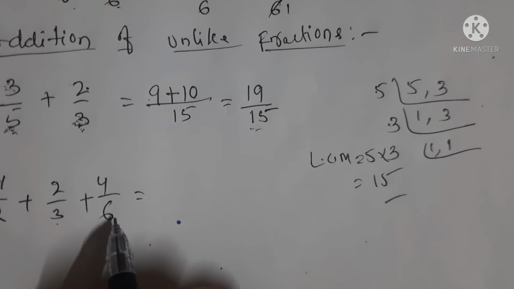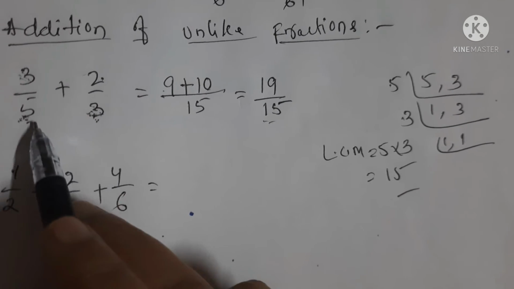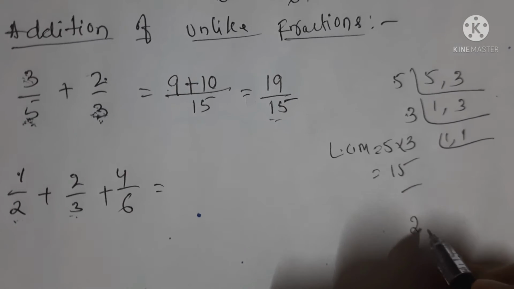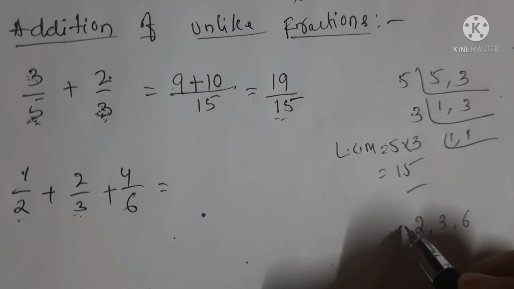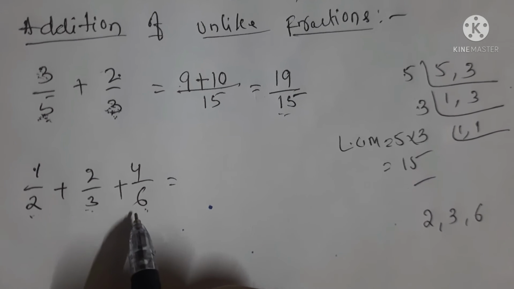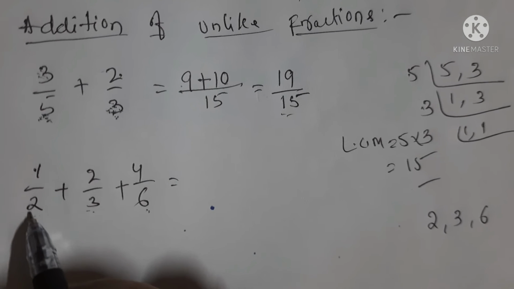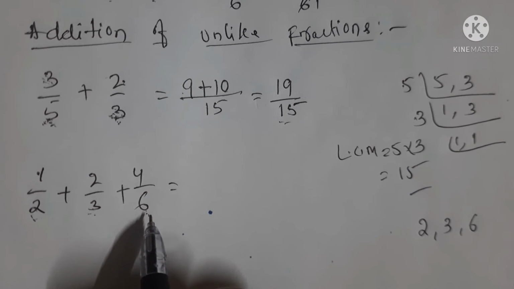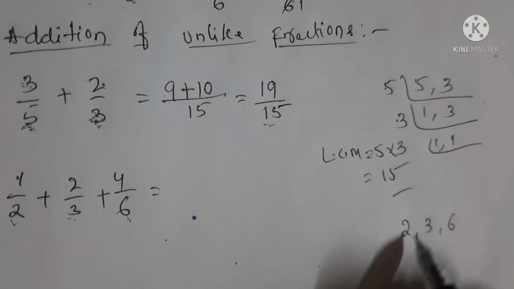In this case, we can't take the direct step like this because more than 2 fractions are there. The trick works only with two prime numbers. Here 2 and 3 are prime numbers, but 6 is not a prime number. So we need to take the LCM for this.